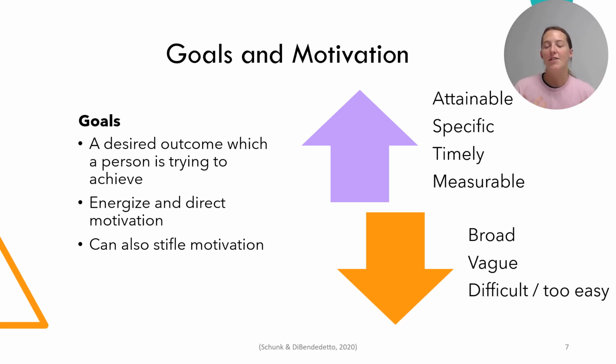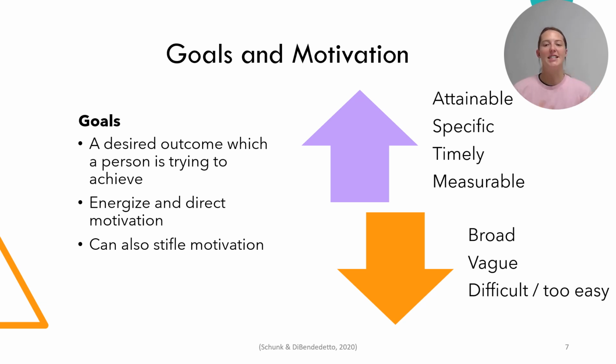However, if the goal is broad, vague, difficult to achieve, you're going to be less motivated. And even if you set a really long-term goal, it's really hard to stick to that because you can't see the little steps, the progress steps.